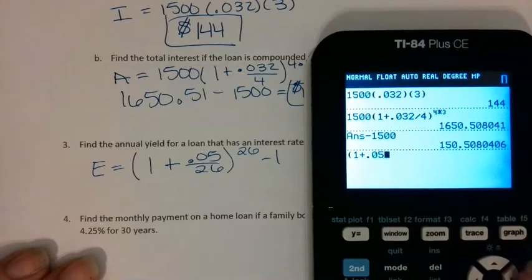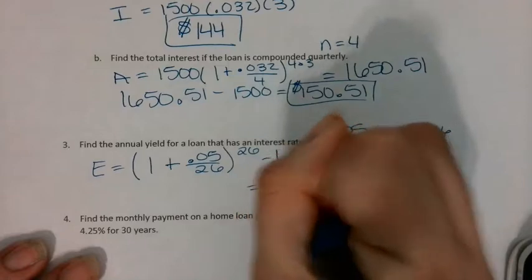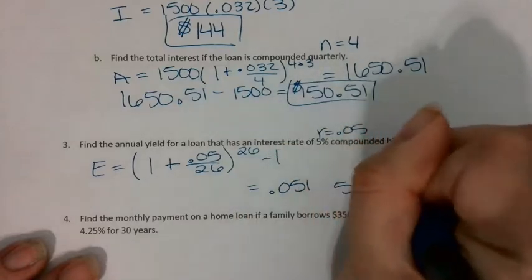Oops, wasn't supposed to close that. And this gives me 0.051, which turns into 5.1%.